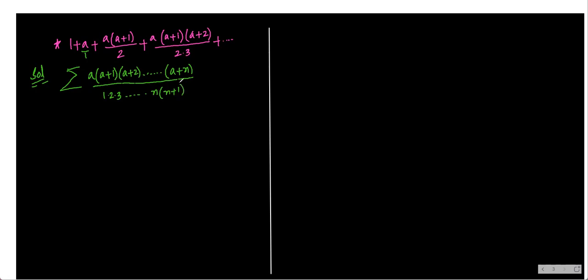This summation is nothing but the un value: a into a plus 1 into a plus 2 and so on up to a plus n, divided by 1 into 2 into 3 and so on, n into n plus 1.